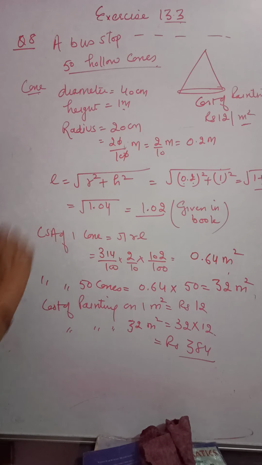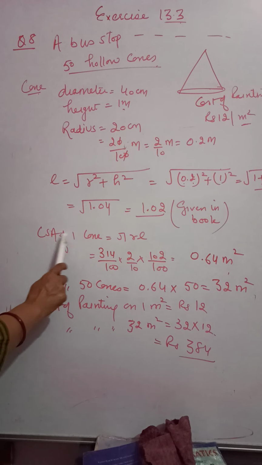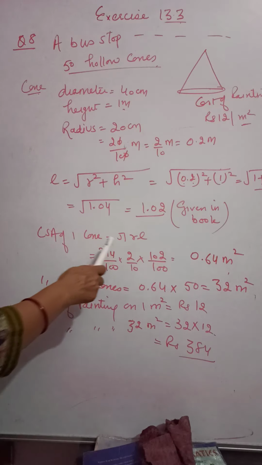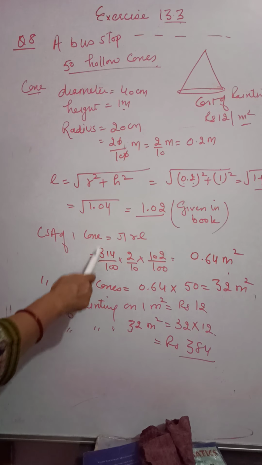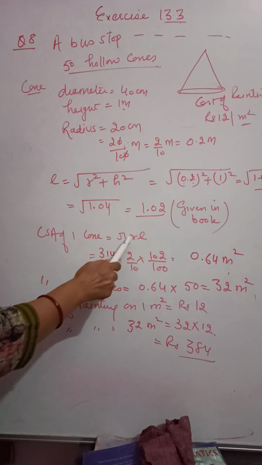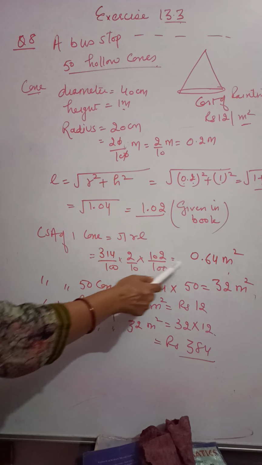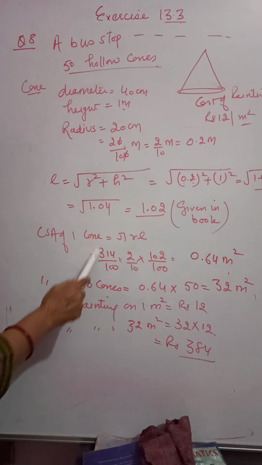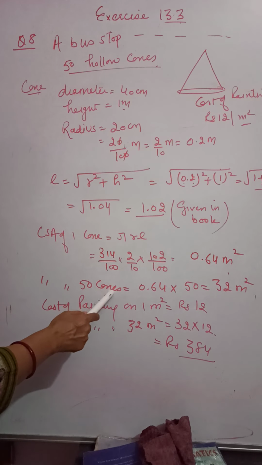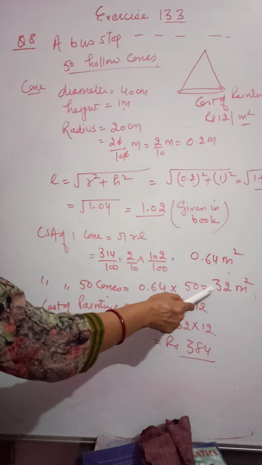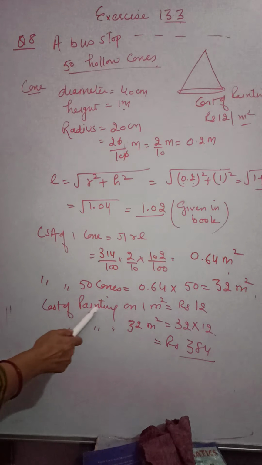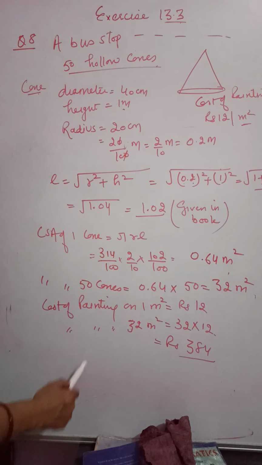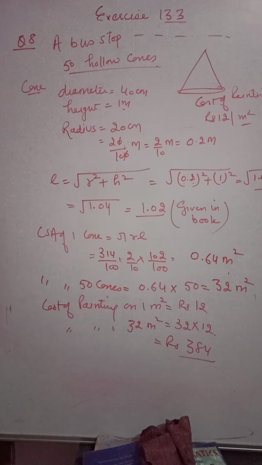So L is this. Then you will find the curved surface area for one cone. It is pi r L. Put this pi, don't ignore it. R is 2 by 10, L is this. Multiply, you will be getting this curved surface area of 1 cone. Then we find the curved surface area of 50 cones. Multiply by 50, we get this. Now the cost of painting on 1 meter square is rupees 12. The cost of painting on 32 meter square will be 32 into 12. It comes out to be 384.